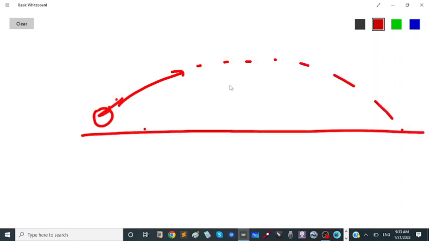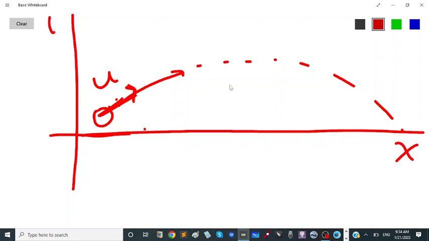Now when you throw the ball, for example, from this into the air, it follows this type of trajectory with, as I have said, initial velocity u. If you assume this is a Cartesian coordinate system, x and y, then along this trajectory we always have x and y functions, and in addition time.